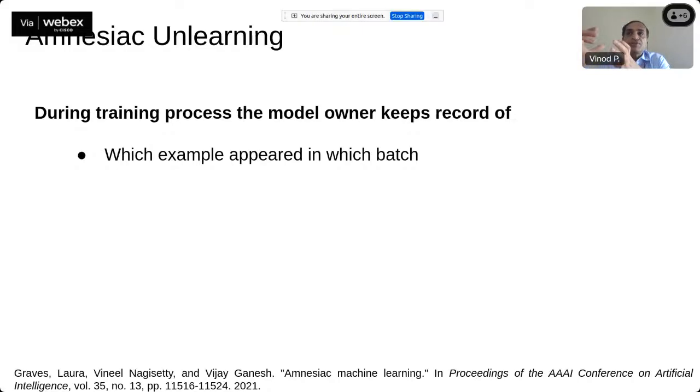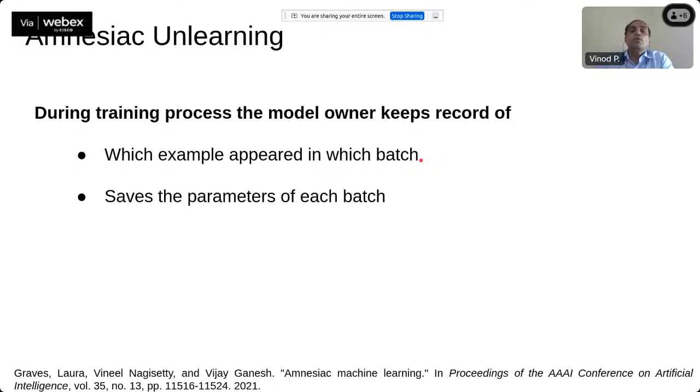A batch which contains private or sensitive data is termed a sensitive batch. The model developer should keep track of examples that appear in sensitive batches.